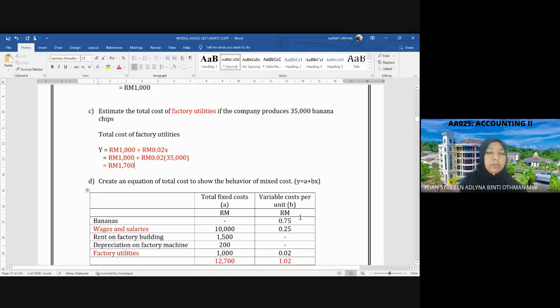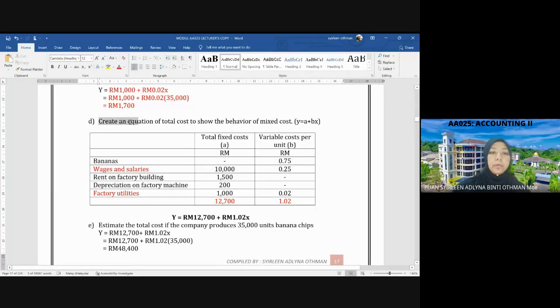Okay, so ini untuk C. So C ni tadi is exactly like what we did in example 1 lah. Right? Tapi D tadi yang ni kita buat for the whole production. Sebab tu I kena form a table. Kalau you tak nak form a table pun it's okay, as long as you get all the figures, alright, and you boleh bentuk the cost equation function.